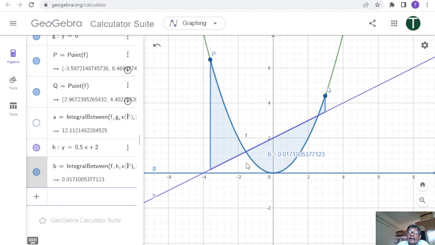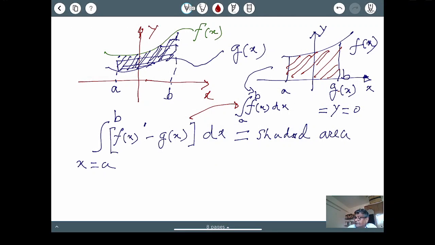So this area is calculated based on this one. Always remember this, so that you are not under any misunderstanding: when f is greater than g(x), in those areas it will be treated as positive area, and if g(x) becomes greater than f(x), then it will be treated as negative area.